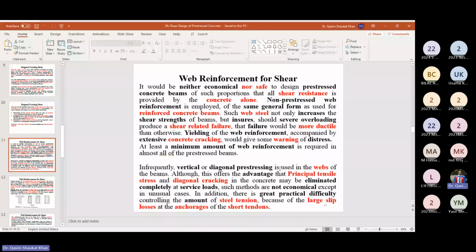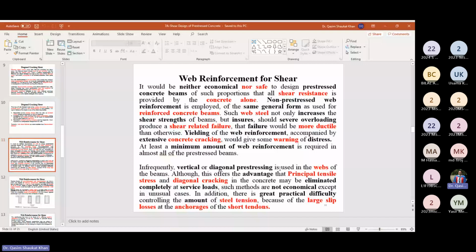Although this offers the advantage that the principal tensile stresses and diagonal cracking in the concrete may be eliminated completely at service loads, such methods in which you need to provide vertical or diagonal pre-stressing are uneconomical.